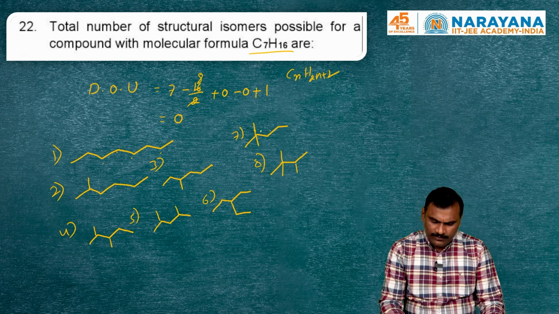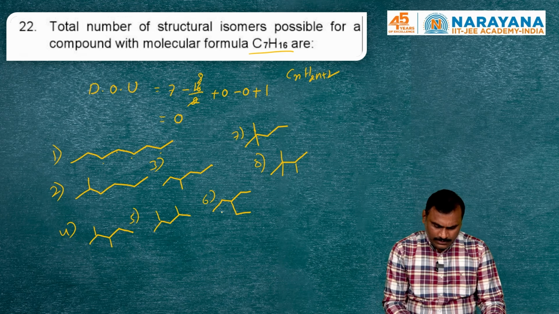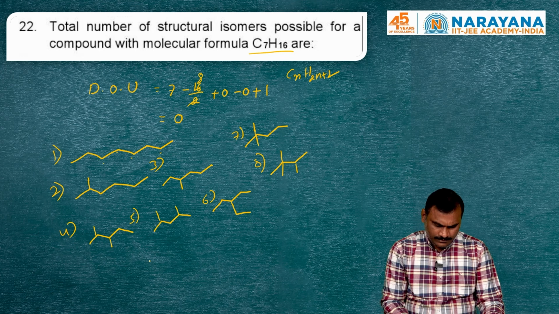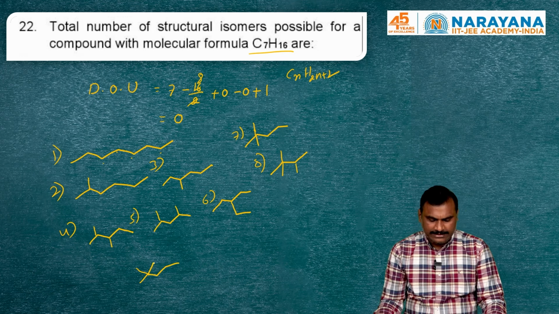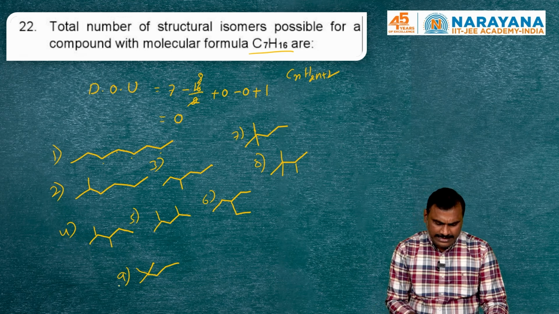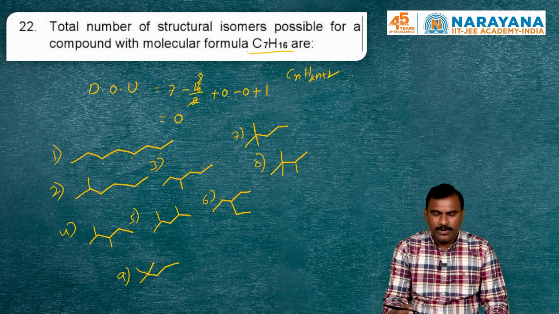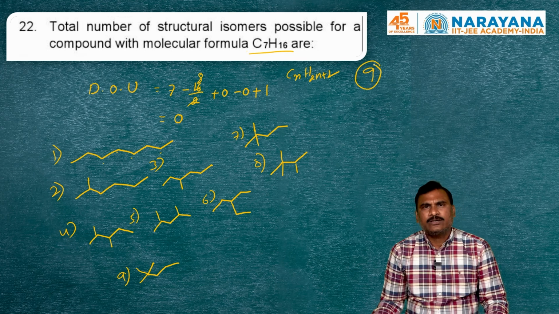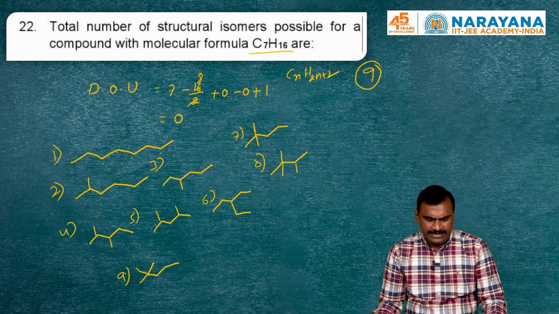We can write like this also, the 2 methyl groups on the same carbon. This is the 9th. The total number of possible isomers is 9. These are the possible isomers for the given C7H16.